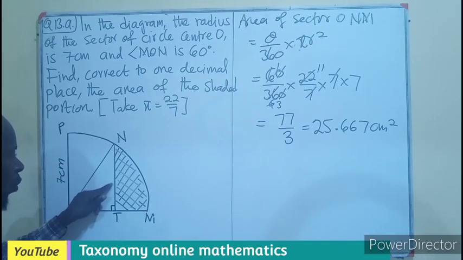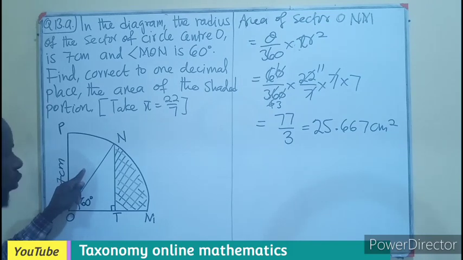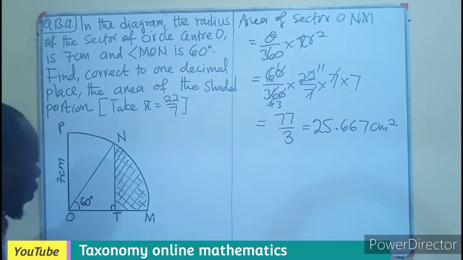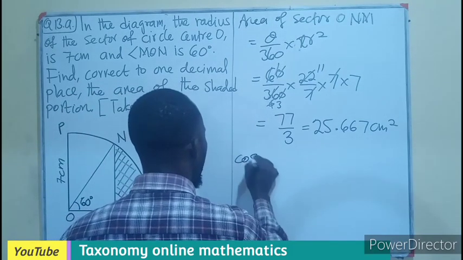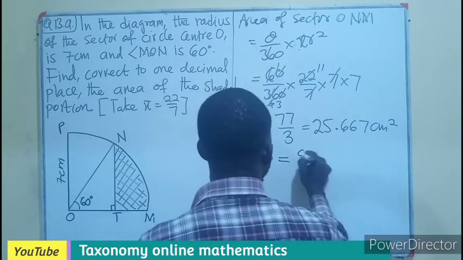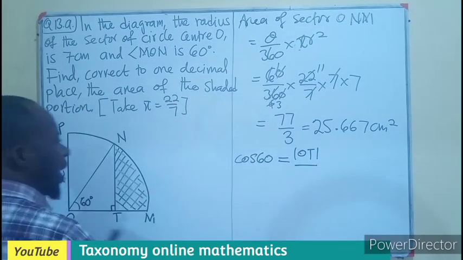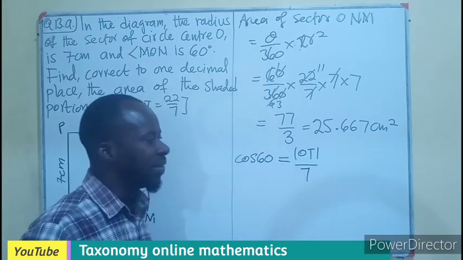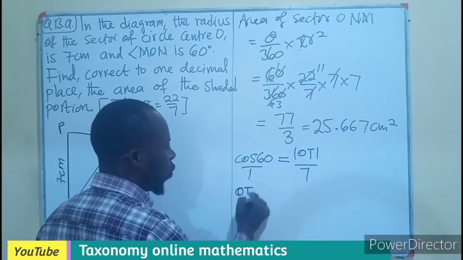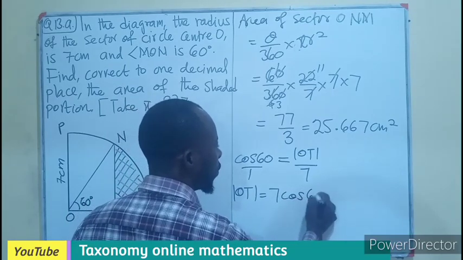This is going to be opposite, adjacent, hypotenuse. But we are only going to make use of the hypotenuse and the adjacent, and that will be cos. So cos 60 equals the adjacent side, which is the length OT, divided by ON, which we also know is 7 centimeters. So if we cross multiply, the length OT will be equal to 7 times cos 60.